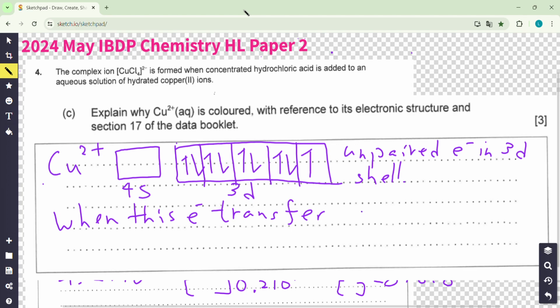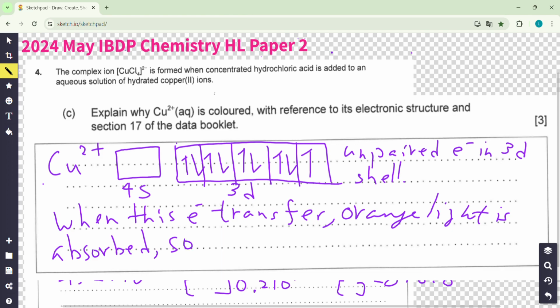Remember, not absorbing blue color. So when this electron transfers, orange light is absorbed. Remember, opposite light is absorbed. So it has a blue color according to the wheel.